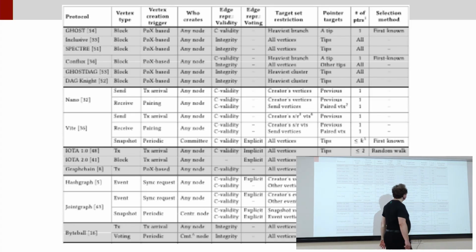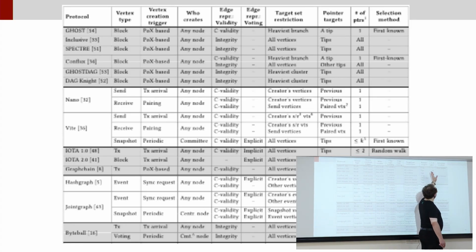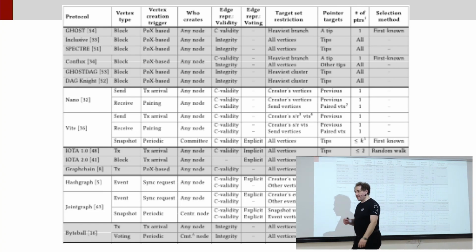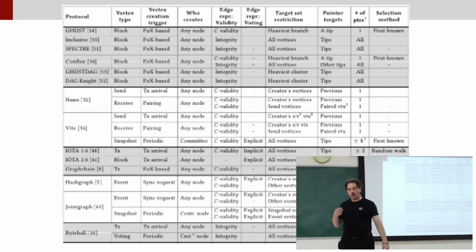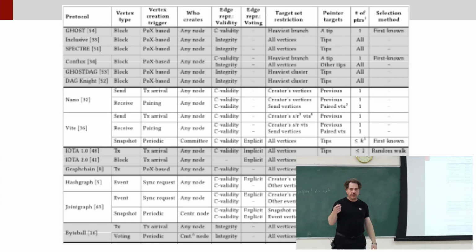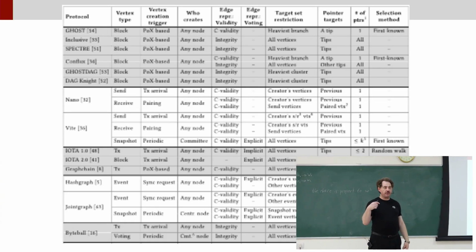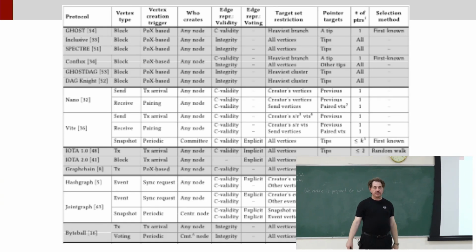For most DAG-based systems, the selection method for the edges is random, or rather first known. First known means that, for example, I learn about some vertices first.